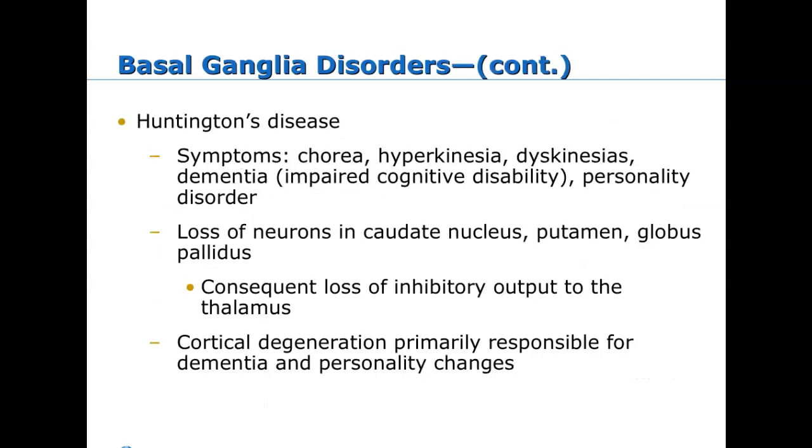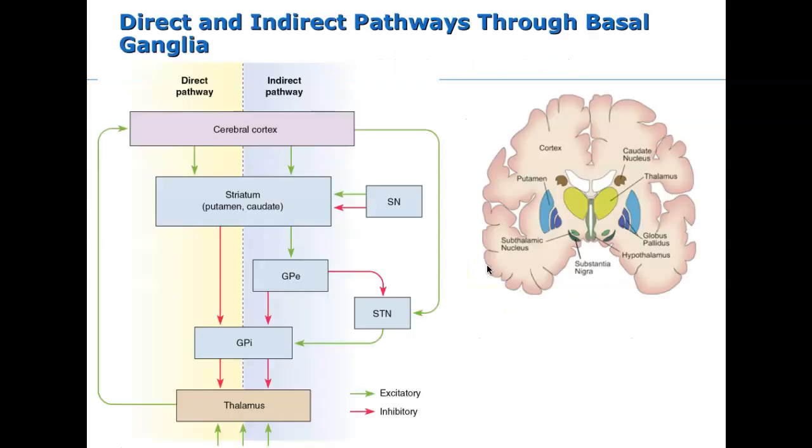Now, the converse basal ganglia disorder is Huntington's disease. Huntington's disease is when you lose neurons in a number of places, caudate nucleus, putamen, and also the globus pallidus, which is sort of the inhibitory policeman. So now that you've lost the inhibition, let's look back here.